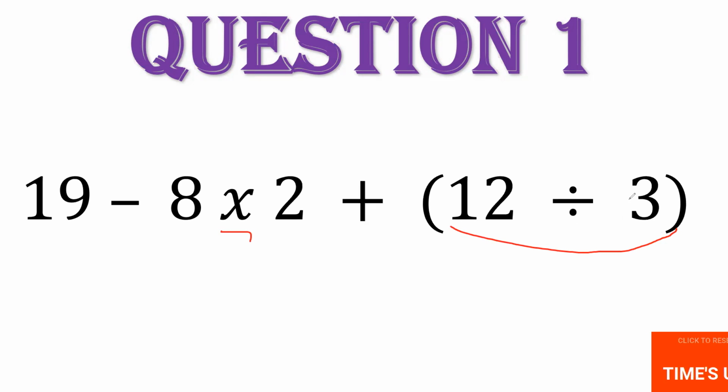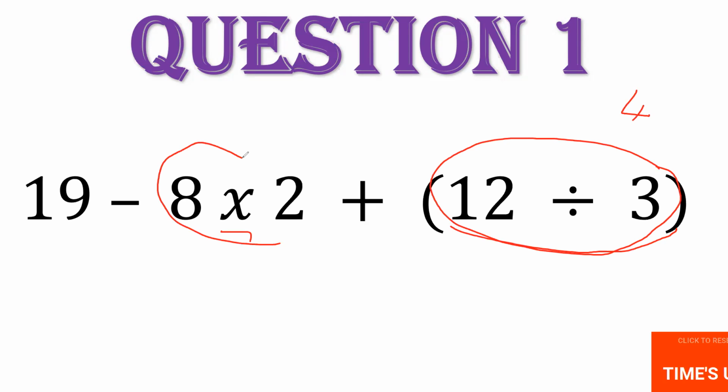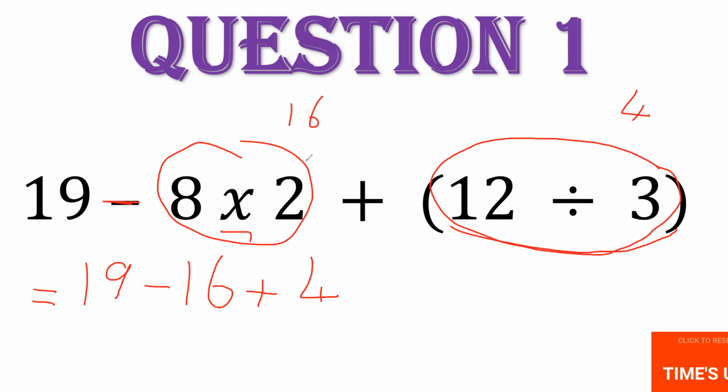So for 12 over 3, you can get 4 first. And this one also we can do: 8 times 2, getting 16, but don't forget you have the negative here. Next step, we are writing 19 minus 16 plus 4. I hope it's clear. We calculate this one first because multiplication and division come first.